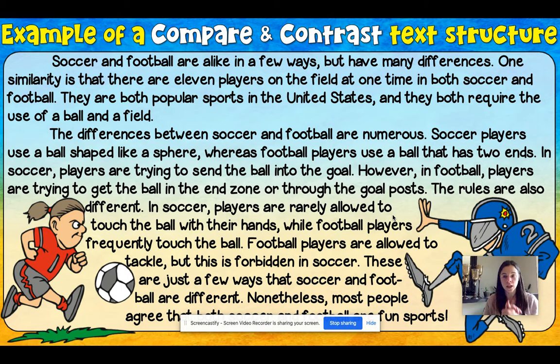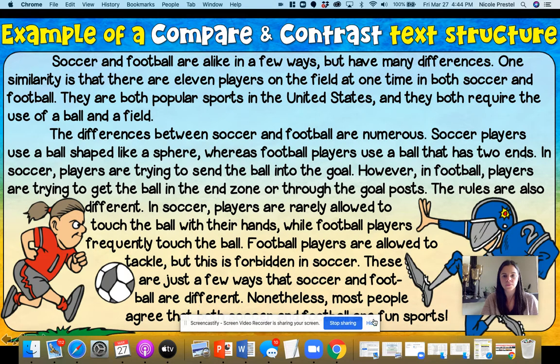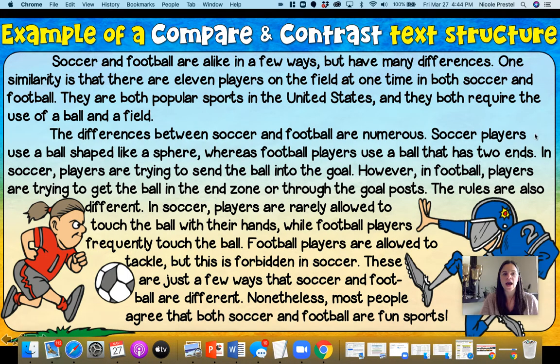Okay? Here we go. Last one you're going to read. So we have comparing and contrasting two different things. Let's read the first paragraph together and then pause the video and finish reading this passage. Here we go. You're thinking, what are they comparing and contrasting? What two things? Soccer and football are alike in a few ways, but have many differences.